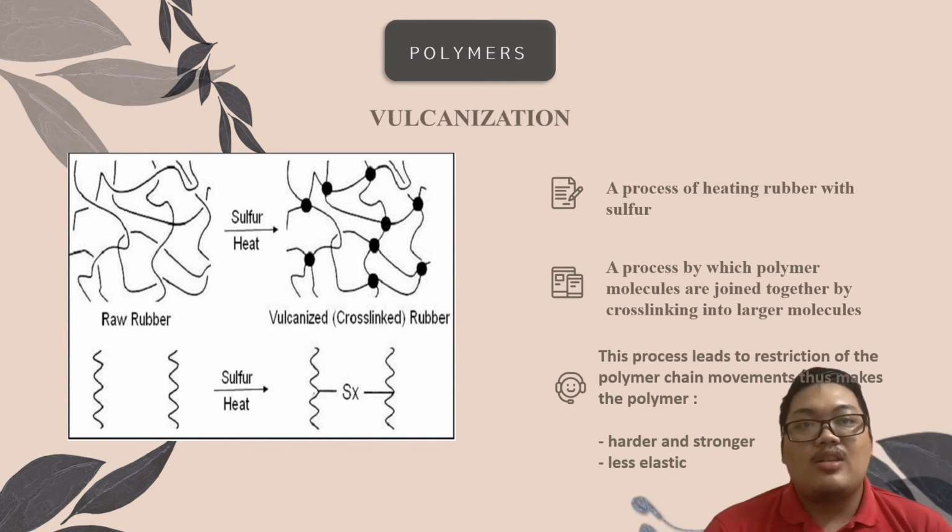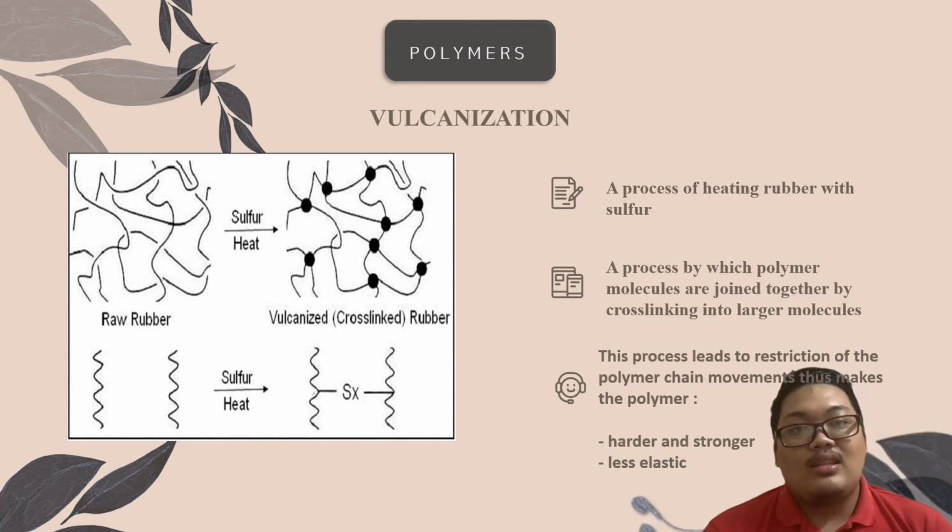You must be wondering, what is vulcanization? Vulcanization is a process of heating rubber with sulfur. Why do we do this? Because we want the rubber to be harder and stronger, but also less elastic. As you can see in this picture, we have a raw rubber that is heated with sulfur, producing a vulcanized cross-linked rubber.